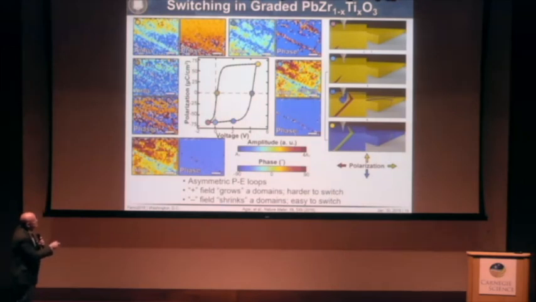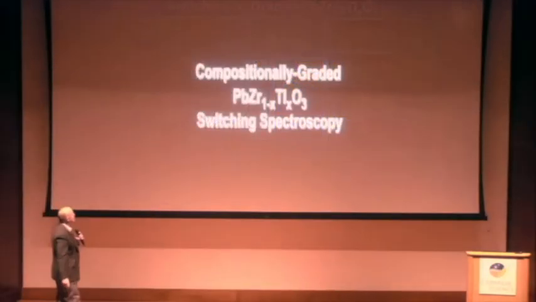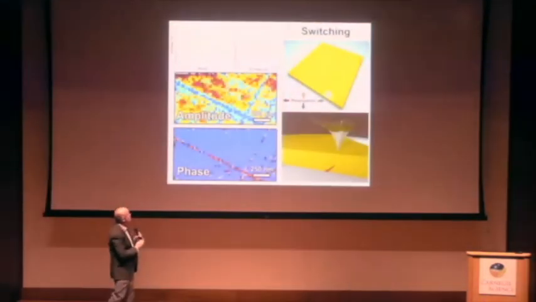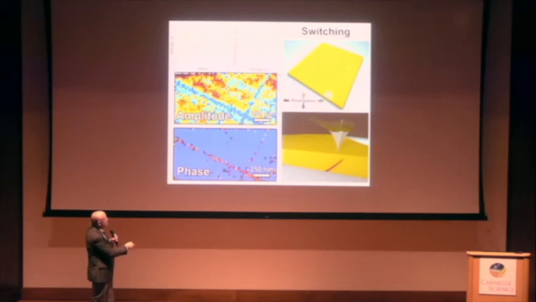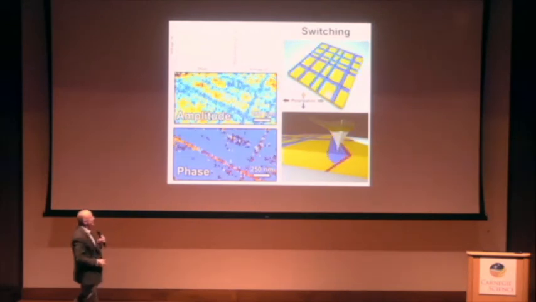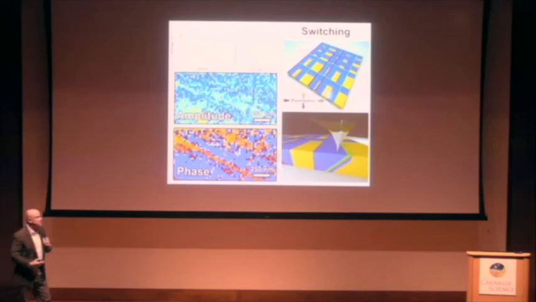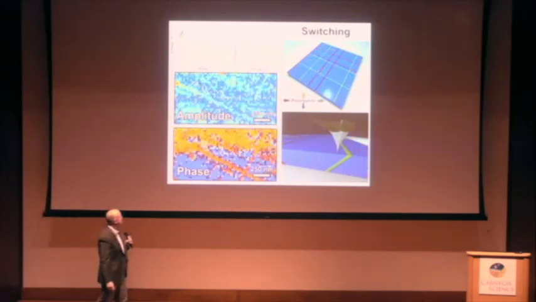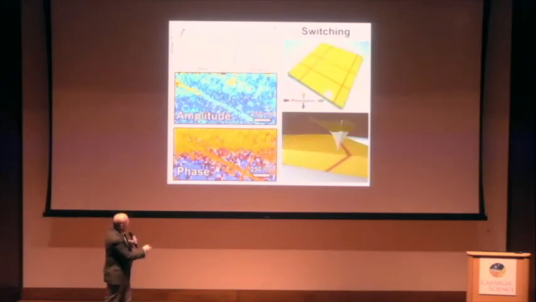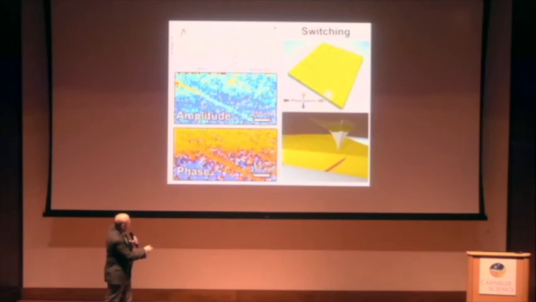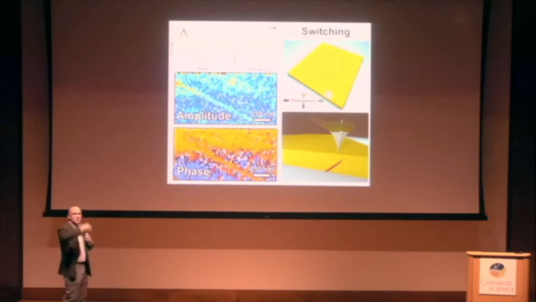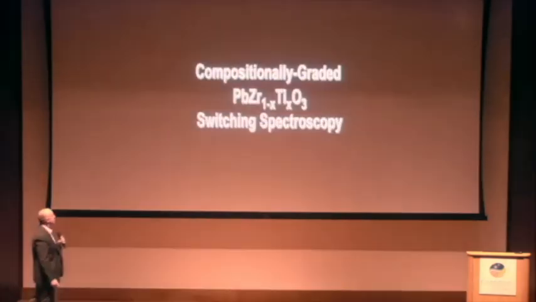So it grows from this equilibrium state, grows to the surface, then we can push it back down to this reduced structure, and we see these A domains go away. So you can watch a cartoon movie of what's happening, so you can see the evolution of what we think is happening in the switching behavior of these compositionally graded versions of these materials. So if we go in the opposite polarization of bias, we'll see these domains get smaller as we go. So there's a springy response of what's going on.